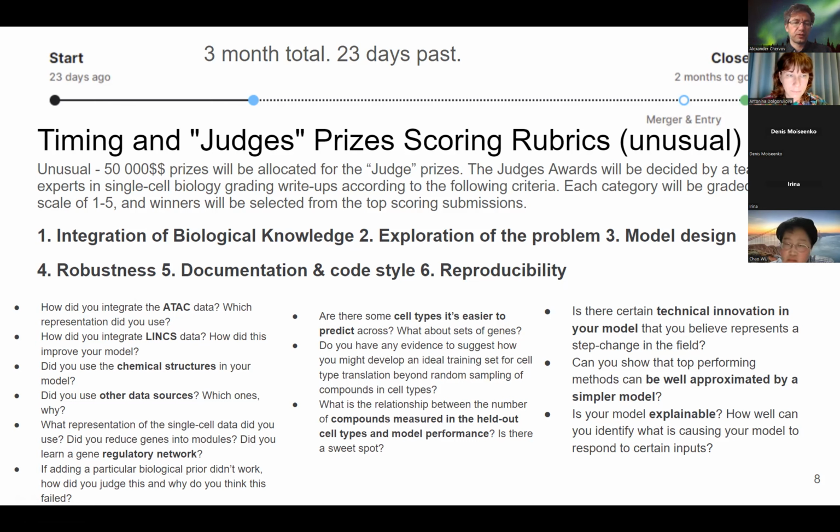I think it's a very good idea, and we can hope it will stimulate researchers to do something. We can say that the competition is at the beginning, only 23 days in. It's just beginning.